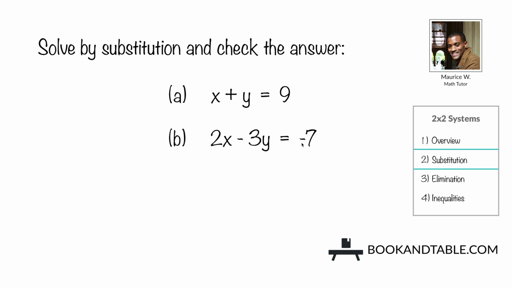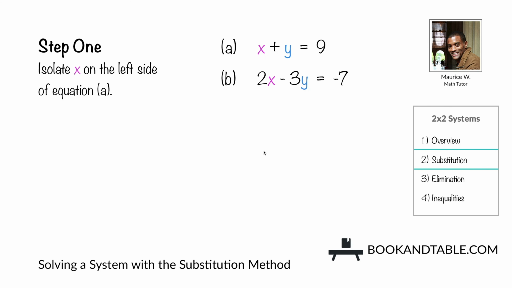So we want to use the substitution method to solve for both x and y. So what we'll do is, we'll first use equation A to isolate x or y. This will give us an equation, not a numerical value, but we can then substitute that expression into equation B for x or y, whichever one we solve for, and then we can solve for the second variable.